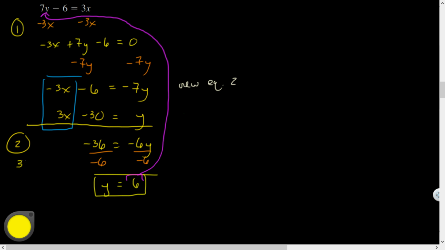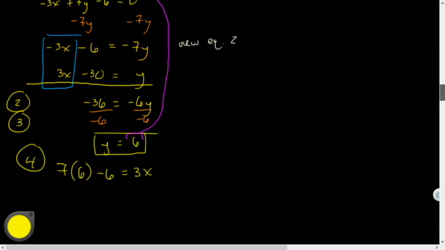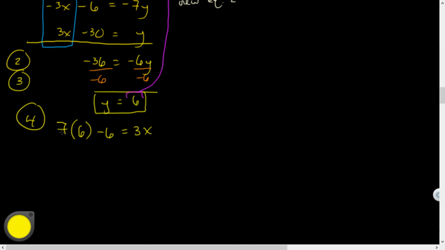If you guys are doubting what I'm saying, you need to speak up, because I might be wrong. So let's see. 7 times, and instead of y, it's 6, minus 6 equals 3x. I've plugged that in, and now we're going to solve for x. 7 times 6, what is that, 42?